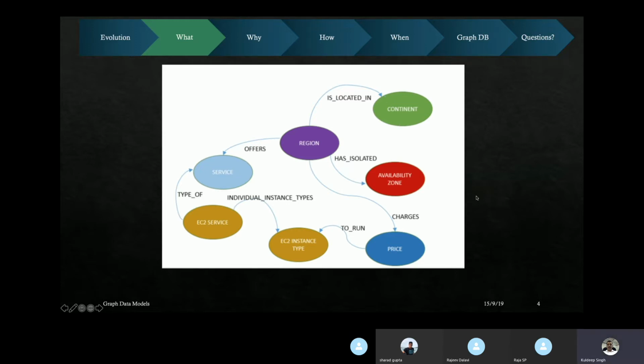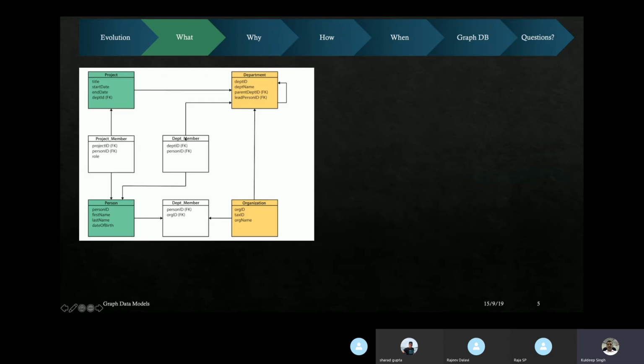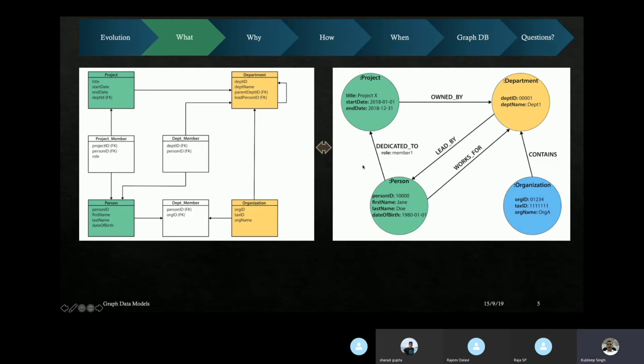Let's see one more example. This is basically a simple relational model where an organization has a department and a person and a project, and there are a few relationships between them. Now if I have to convert this into a graph data model, it can be done like this.